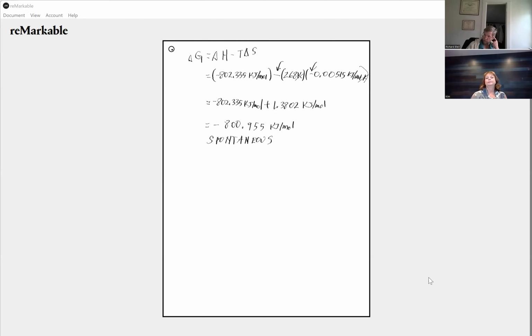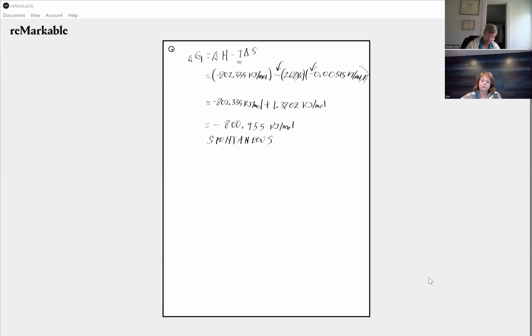Let's do one other real quick calculation before we break, because I'm curious. At what temperature does methane not burn? It's an interesting question. So what is the temperature where this is no longer spontaneous?